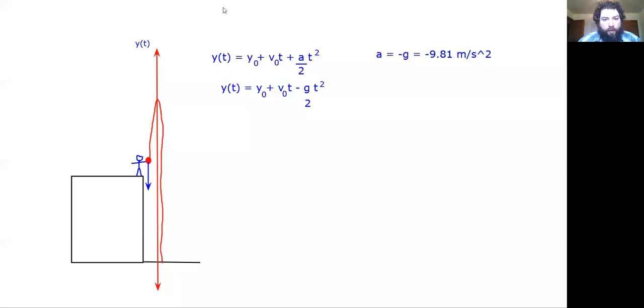Okay, so we're going to use that a lot. What this tells us is, because we know gravity, all we need to know is the initial position and the initial velocity, and we're going to know the position at any time t. This is g here.